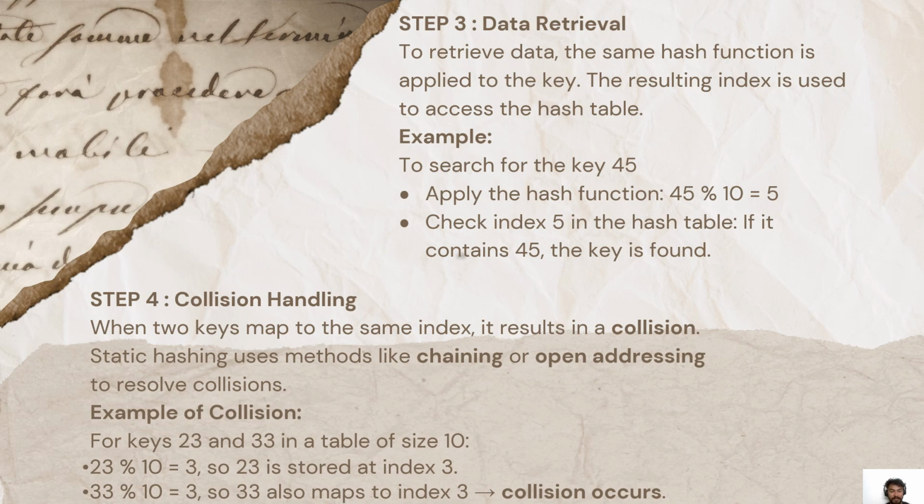But 33 modulus 10 also gives remainder 3. So 33 also maps to index 3, but we cannot store 33 at index 3 because 23 is already stored there. It causes a collision.